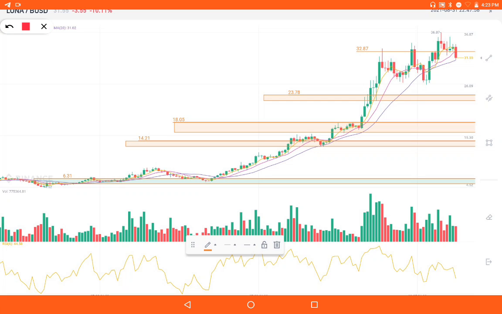The areas in which we have a serious anticipation for a possible buy, as you can see from my chart, are 23.78 USD, 18.405 USD, 14.21 USD, and 6.31 USD.